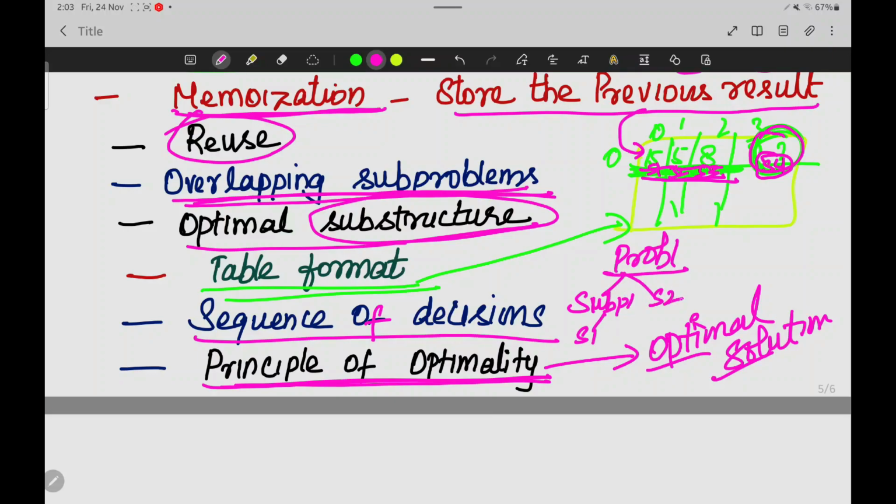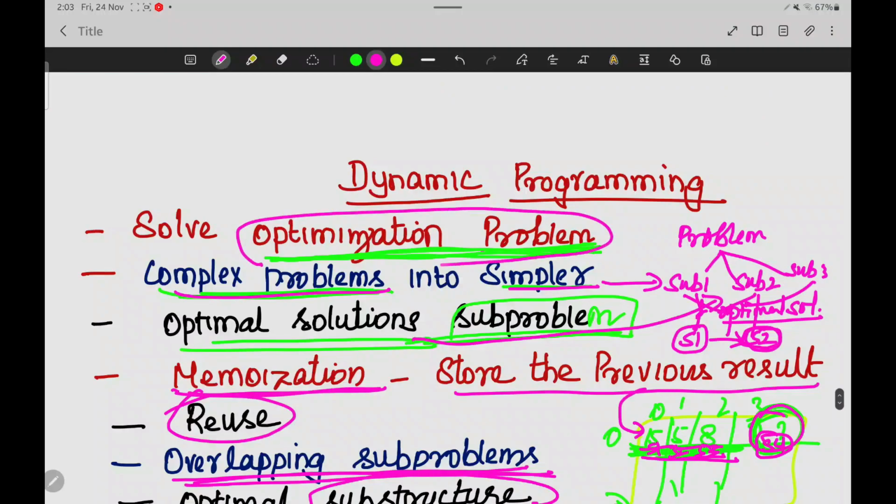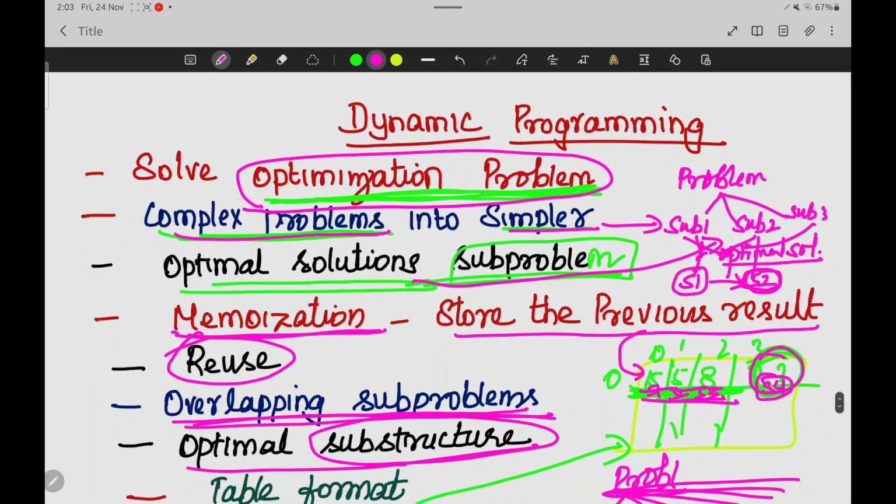Similarly, for the second sub-problem we find the second solution. So we are able to find the sequence of decisions, which can be gathered through the principle of optimality. Such a problem, where we are able to get the optimal solution, is said to be an optimization problem.